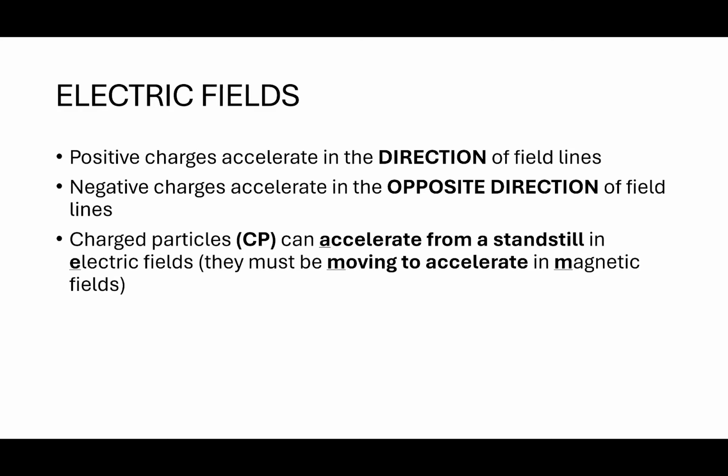The field lines in an electric field, for example, if you have field lines going this way, then that means a positive charge will go in the same direction. That's what the electric field lines represent. And a negative charge will go in the opposite direction.